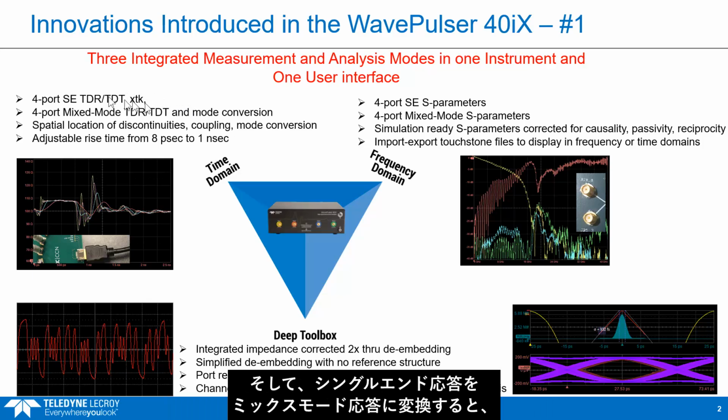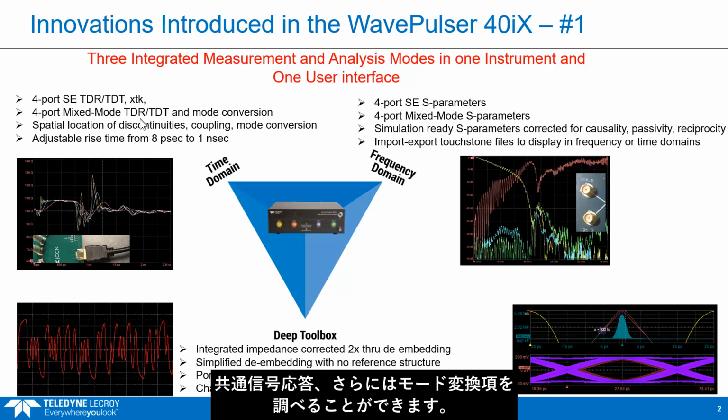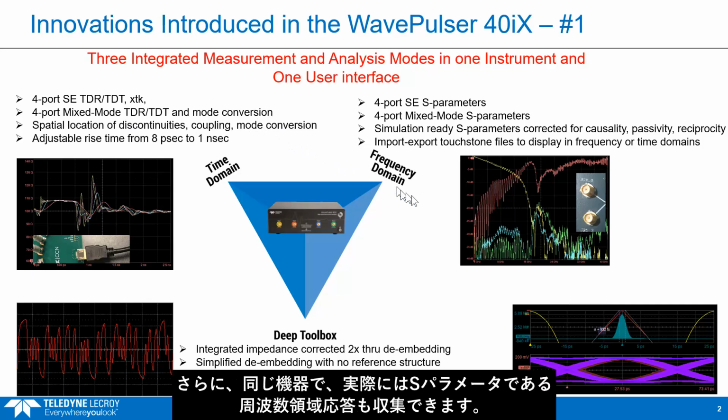And when we take the single-ended response and turn it into the mixed mode response, then we can look at the differential TDR response, either the reflected or the transmitted signals, as well as the common signal response and even the mode conversion terms. In addition, in the same instrument, we can also collect the frequency domain response, which are really the S parameters.